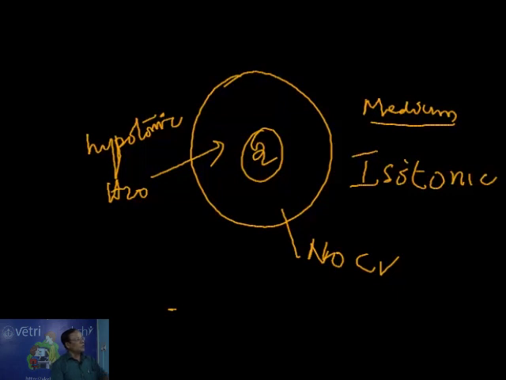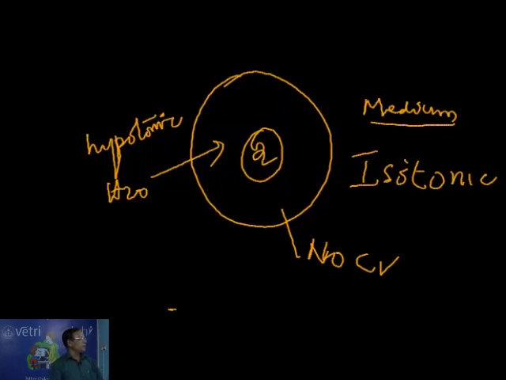If water goes on entering the cell, at one stage the cell becomes turgid, leading to the rupture of the cell membrane, and that is prevented by the contractile vacuole. The contractile vacuole collects the excess of water that enters into the cell, and once it is filled, it moves towards the periphery, bursting and releasing the water, and that is what we call osmoregulation.